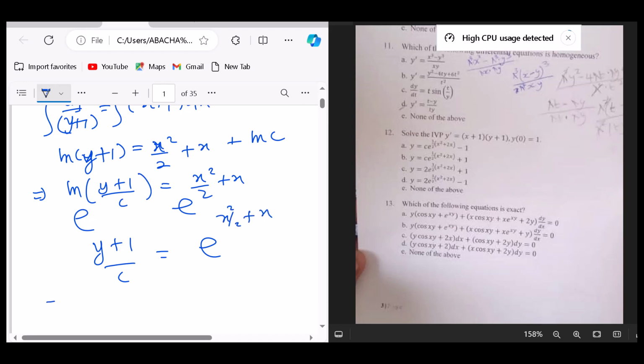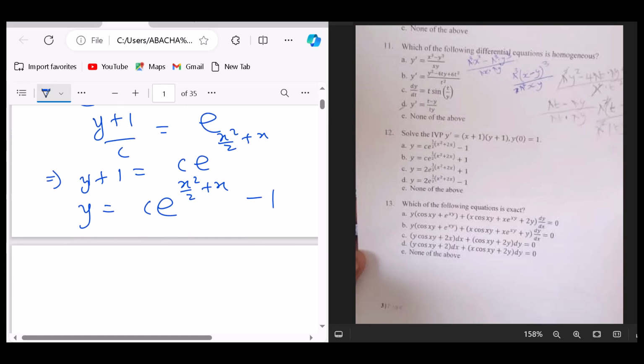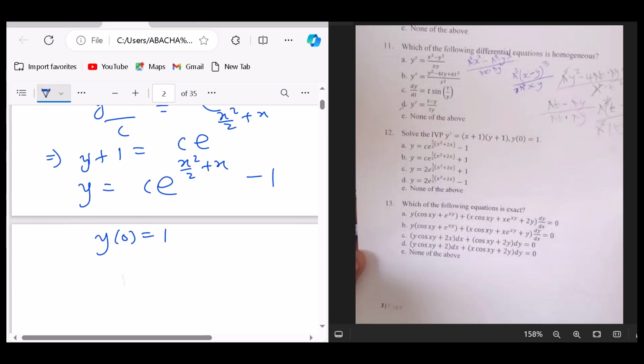So this will imply that we have y plus 1 equals c e power x squared over 2 plus x. And so our y will be equal to c e power x squared over 2 plus x minus 1. Now we apply the condition, which is y of 0 equals 1.